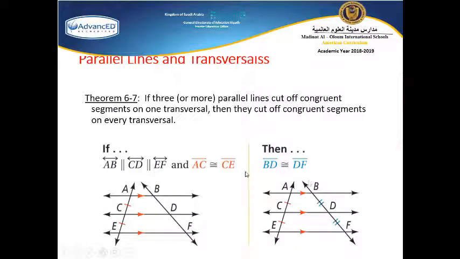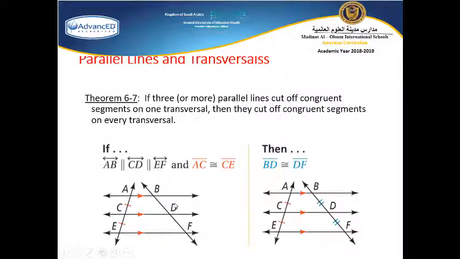The last theorem: if three or more parallel lines cut off congruent segments on a transversal, they created congruent segments like AC congruent to CE.